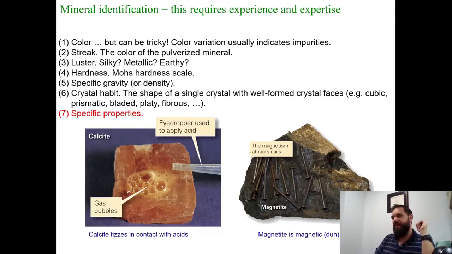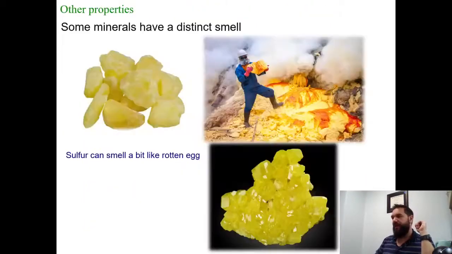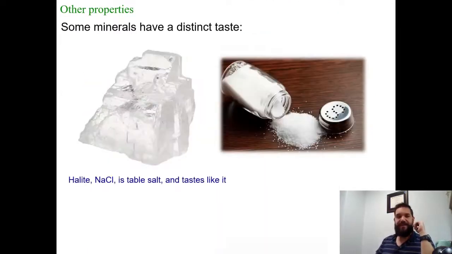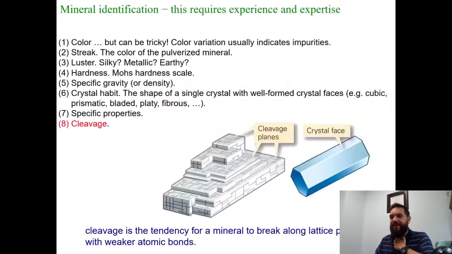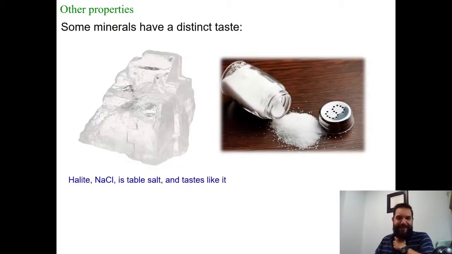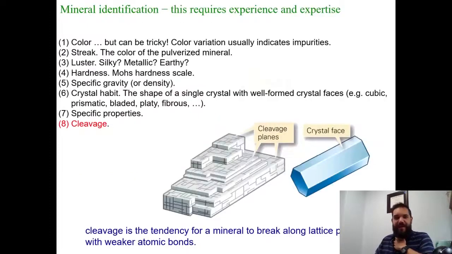Some things like magnetite are magnetic. Some things smell like sulfur. Some things taste salty like salt. Sometimes I wonder about this class, but it's obvious, salt is salty. But I guess the mineral name of that is halite, right? So that doesn't sound so obvious.